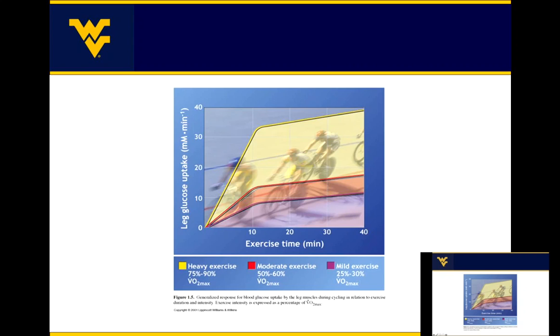Why is that? Well, remember I said the brain has to rely on a constant supply of glucose. If this graph actually continued up with this type of curve, your body would become hypoglycemic very quickly and you would fatigue very quickly.